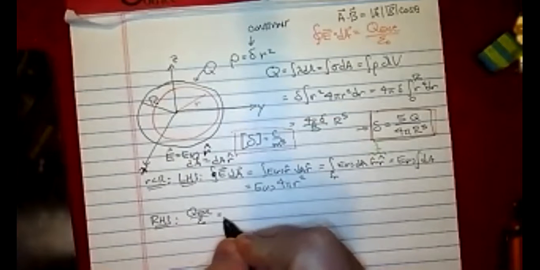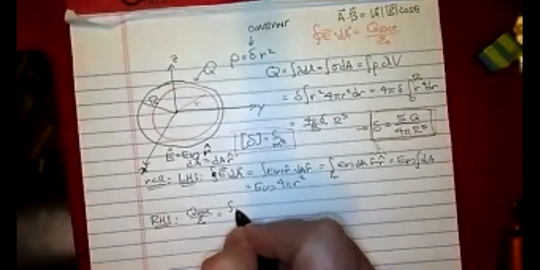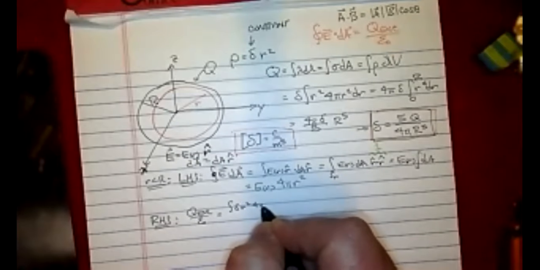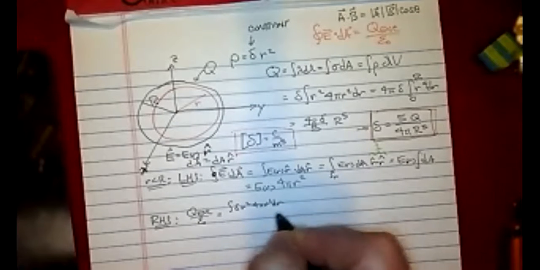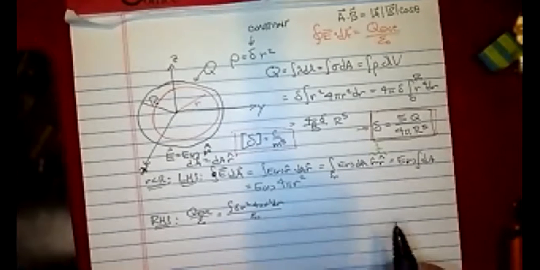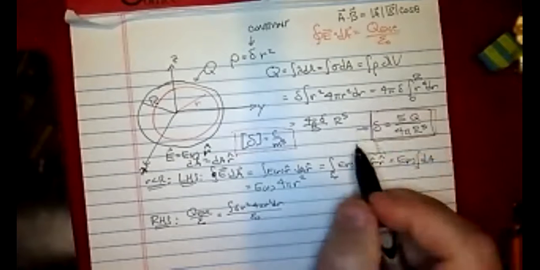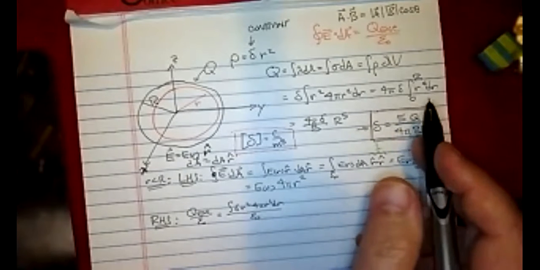So in principle, what you're thinking about doing is taking the integral of delta r squared times 4 pi r squared dr and dividing it by epsilon naught, but we've already done that. Since we've already done that in this first part, I'm not going to waste any time redoing it.